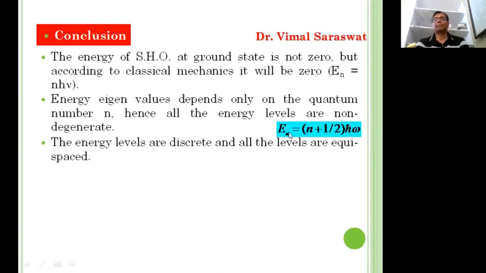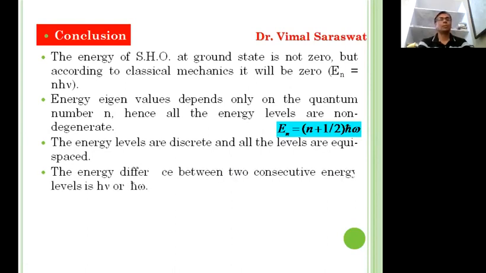If n is equal to 1, then E1 is equal to 3/2 ħω, and if n is equal to 2, then E2 is equal to 5/2 ħω. So the difference between any two energy levels is constant, which is ħω. The energy difference between two consecutive energy levels is hν or ħω.